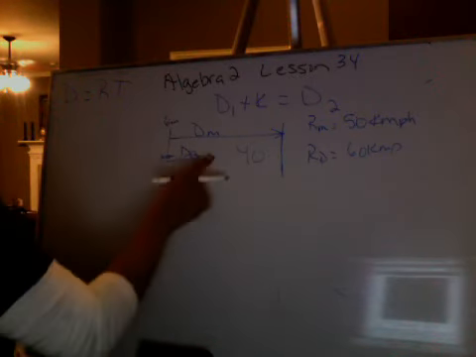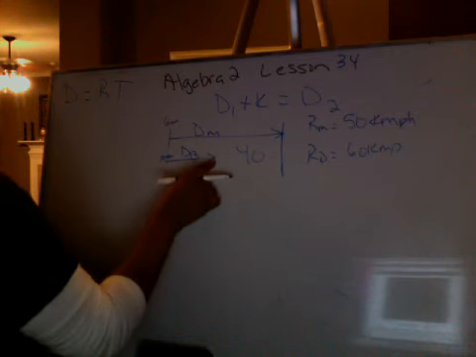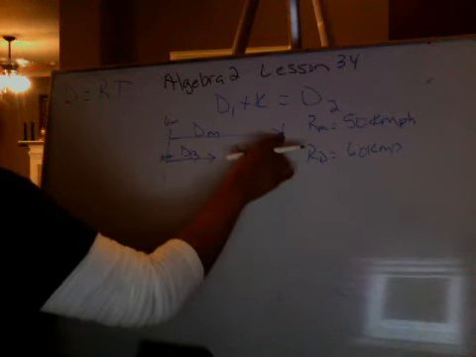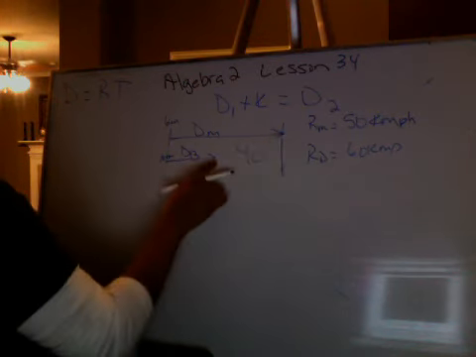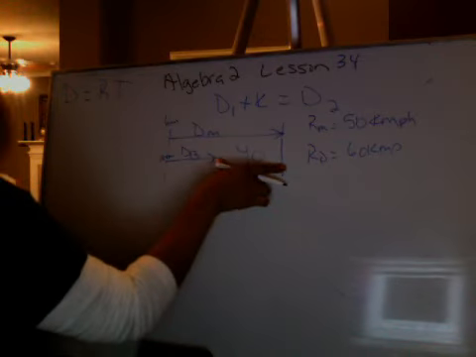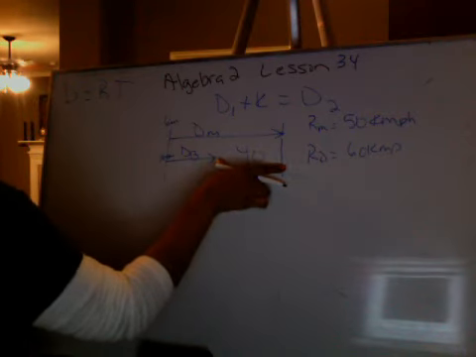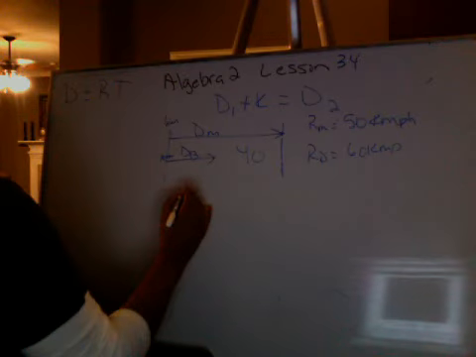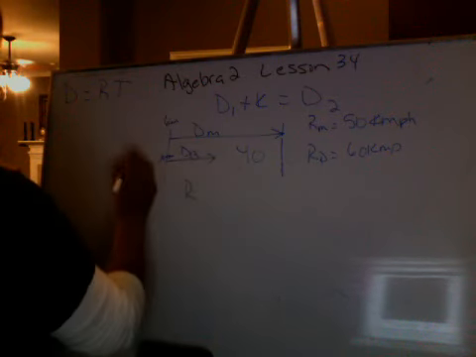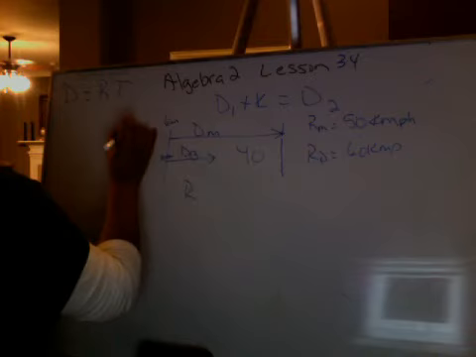Okay, so here's Beauregard, and here's Millicent. Well, Beauregard got within 40, so this is going to be the 40 here. So this is going to be your D of 1, and this is going to be your D of 2.